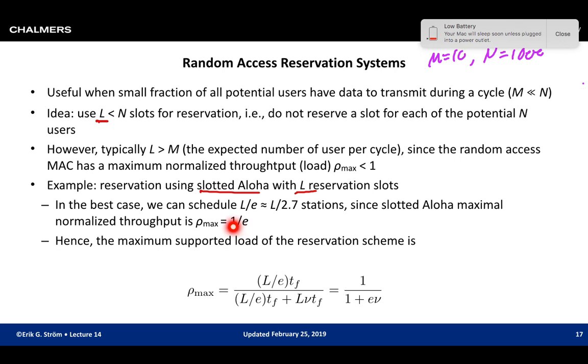Which means that L must be chosen to be M times 2.7 in this case, which is of course greater than M, but this is still beneficial if this is much less than N. So the premise is that N is much larger than M, and if L is such that M times 2.7 is equal to L, and is still much less than N, then this is a good scheme.